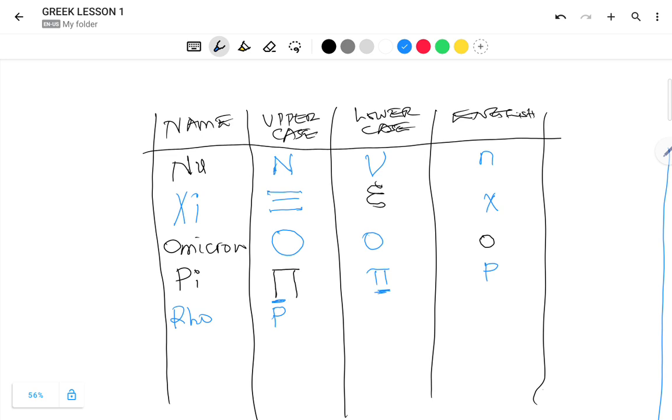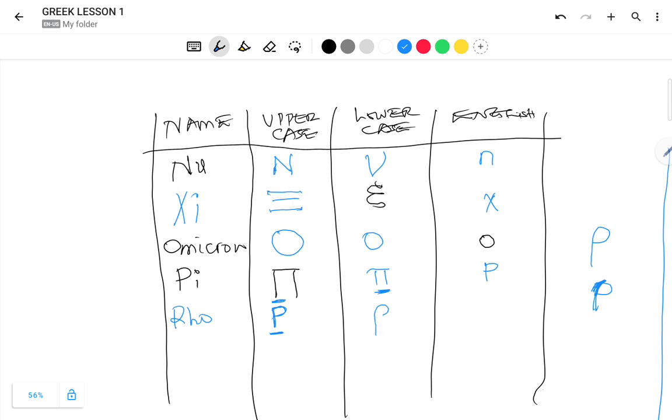Now, this in Greek is equivalent to the English letter P, which means in Greek, this letter that looks like a P is not a P, and so the uppercase is written just like P, okay? Lowercase is, if this is capital P, think of smoothing this edge, this corner, and then you're left with something like that. That is how the lowercase is written.